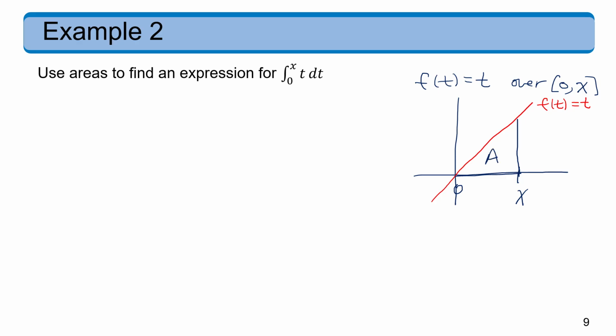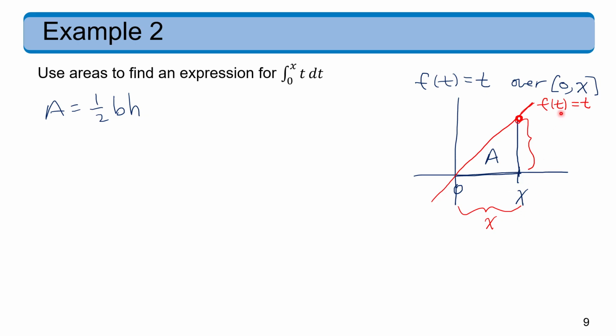So let's see if we can calculate that area. So it's just a triangle, so we'll use the formula 1/2 times base times height. The base is clearly x, right, because it goes from 0 to x. Now the height would be the y-coordinate of this point, and to find that y-coordinate, because it's on the curve f of t, just plug in the corresponding x value, which is down here, is x.